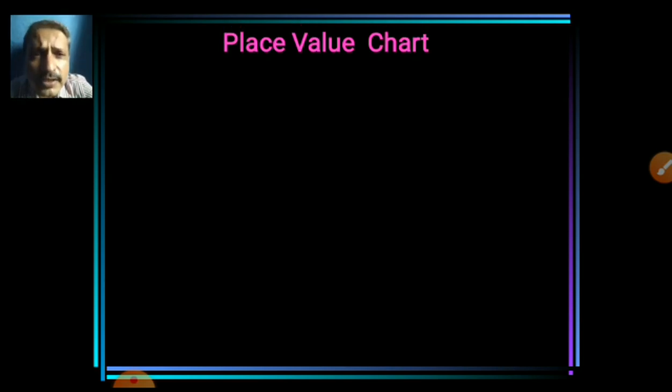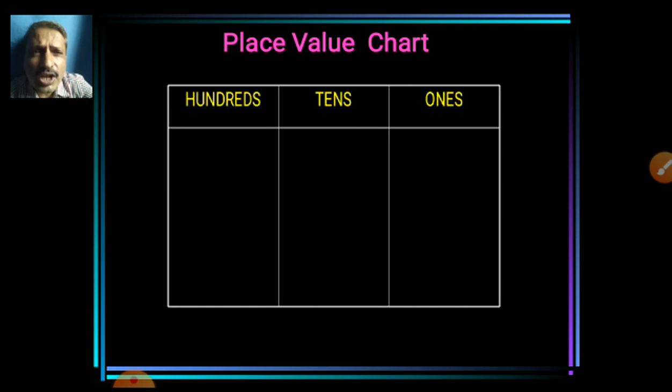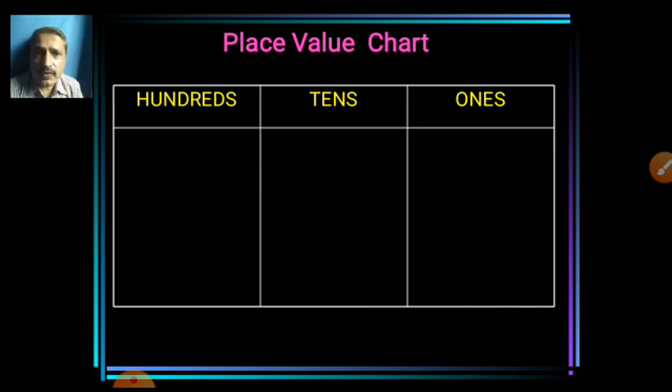Place value. Have you heard this word? Chart is here. Yes. Ones, tens, hundreds. Then after that, 1000. Correct.